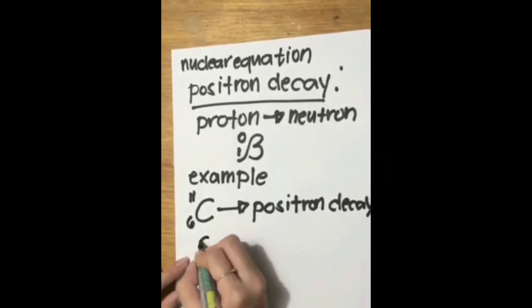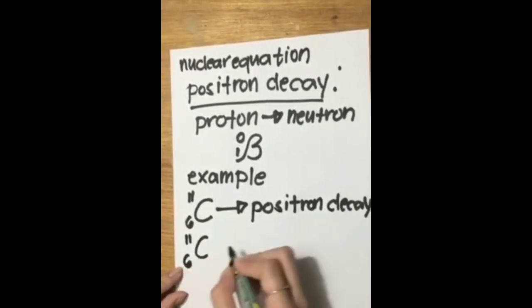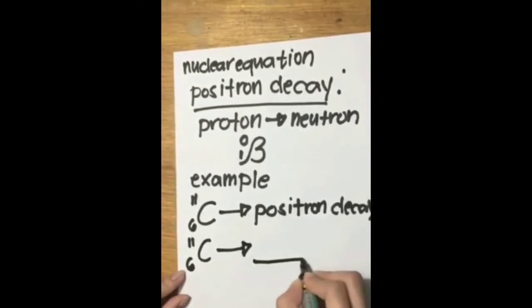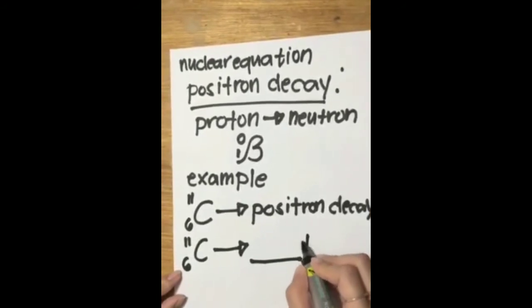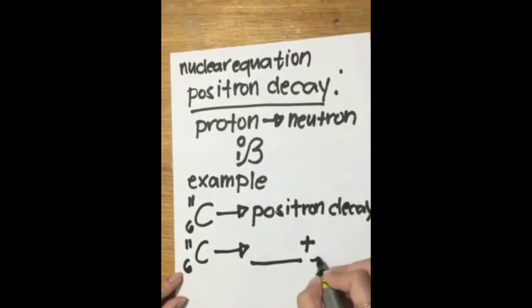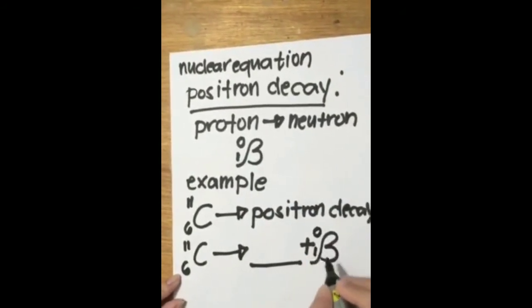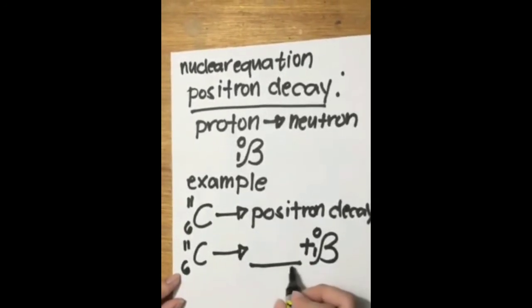So again, let's copy carbon 11, 6 and draw an arrow. But remember, we must find the new element. But first, write the plus sign and the general formula of positron decay, which is beta with 0 mass and 1 atomic number.